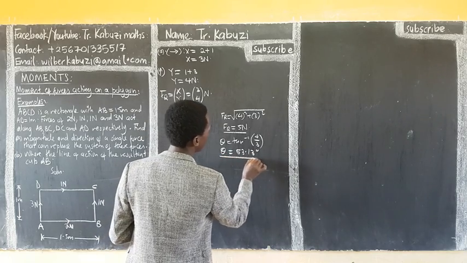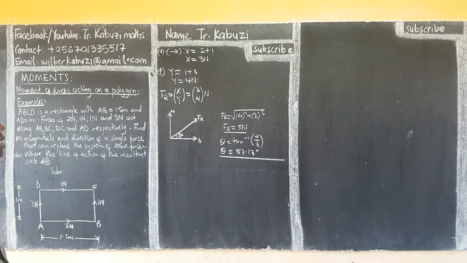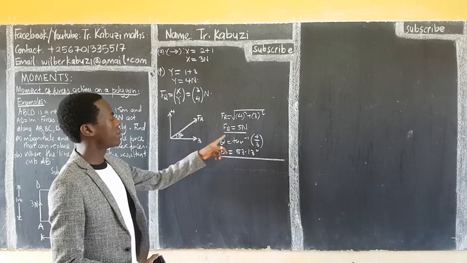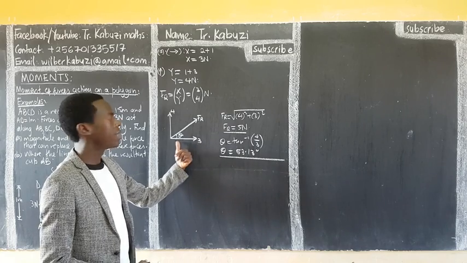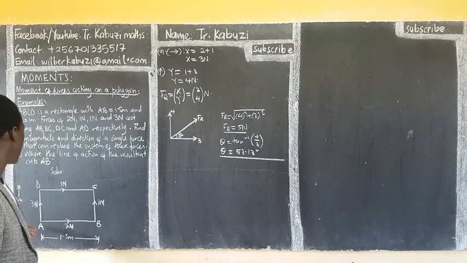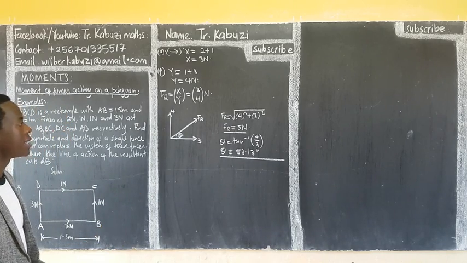So that is the direction, as simple as that. So that's how you handle that, and you are done. So you say the resultant force is 5 newtons acting in the direction of 53 degrees.